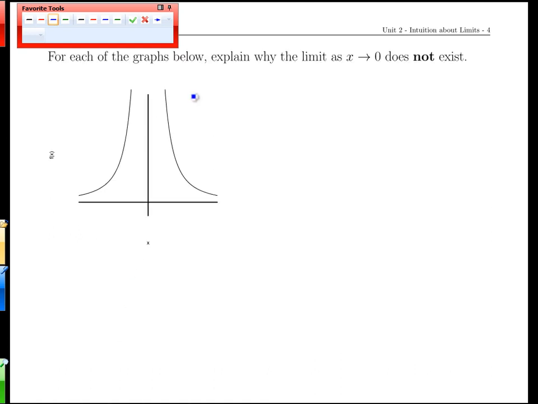Now, there are obviously examples where limits do not exist. One example would be something like this. As x approaches 0 here, which is another way to write our limit, what happens to the function? Well, we follow our graph. The function is not trending towards any finite value.